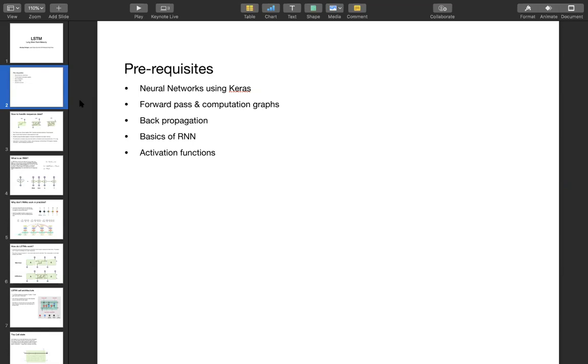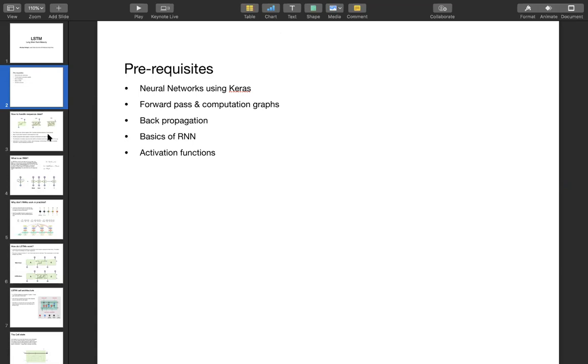Third is having a basic understanding of what backpropagation really is. Fourth, since LSTM is a technique that is based on top of RNNs, a basic understanding of what RNNs are and how they work is also necessary. And lastly, you should understand how different activation functions work, such as tanh and sigmoid functions.